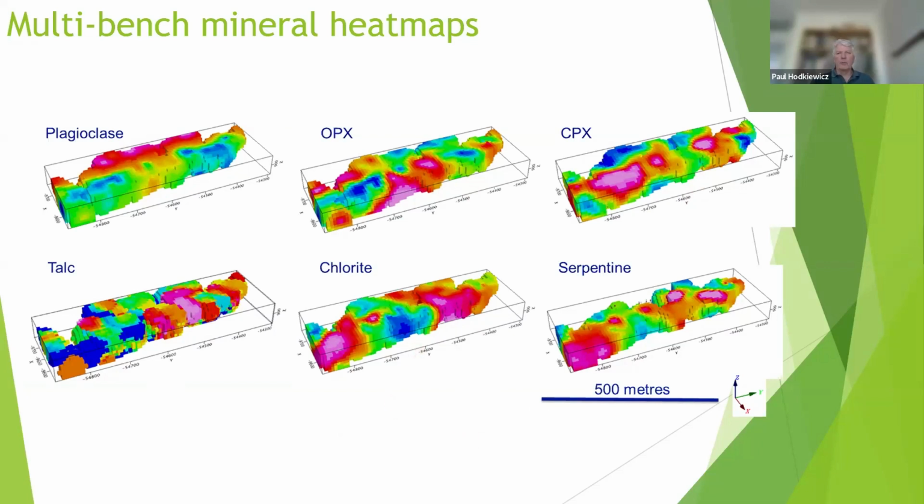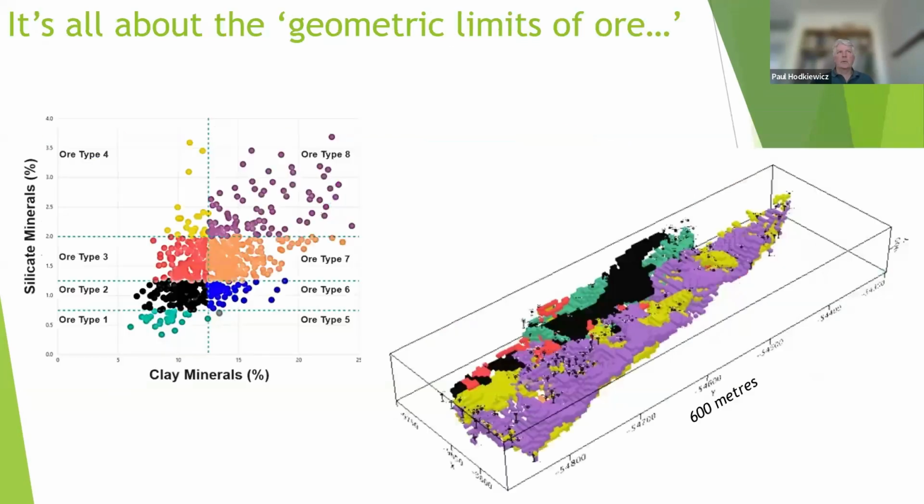And what's more important is when you combine this. This is the same data set, and now we're looking at just ore types, and there are 8 different ore types here that the mill classified based on proportions of silicate minerals and clay minerals. And again, this is after the fact. So the metallurgists would look at material going through the mill, and they could identify 8 distinct behaviors of the ore, depending on the proportion of clay and silicate minerals.